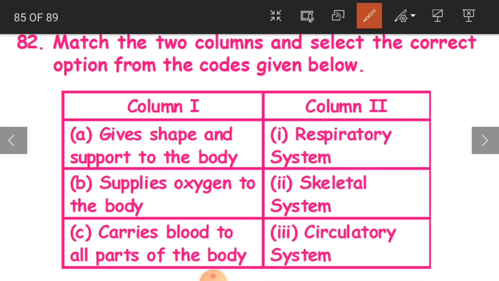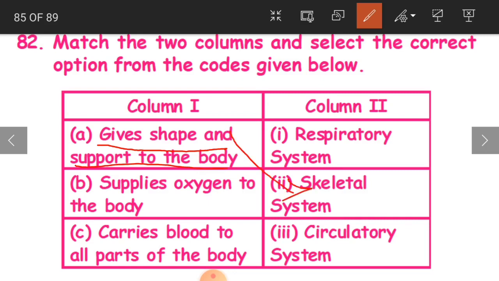Now 82nd question. Match the two columns and select the correct option from the codes given below. Column 1 has functions of some systems, and column 2 has systems. We have to match them. What gives shape and support to the body?